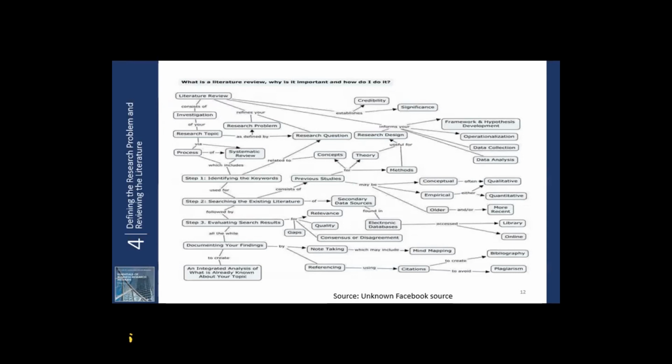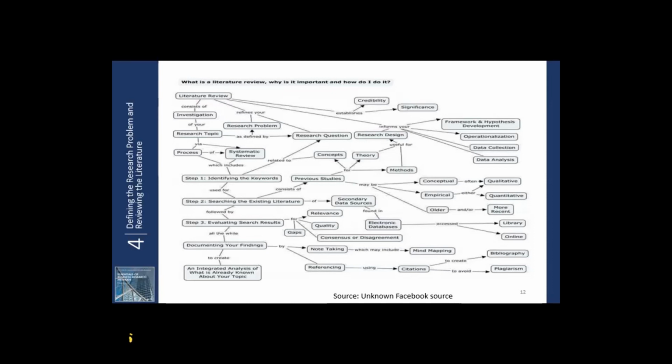So the literature review is on your topic. Not that you were just searching and something was so interesting to you, then you smuggle it into your work. No. Literature review is not about things that are interesting to you, but things that concern your topic, research topic.